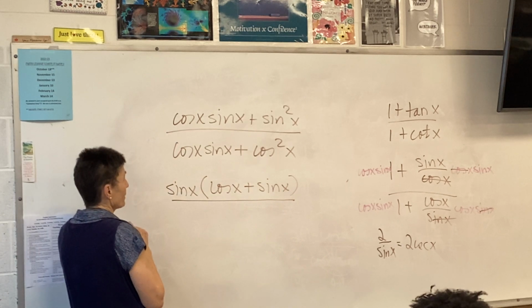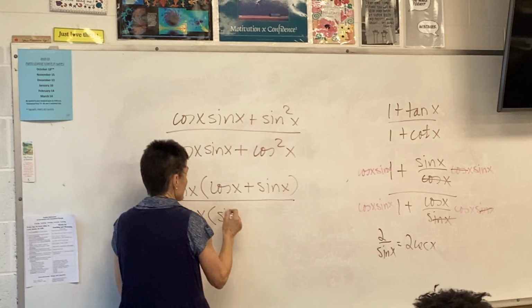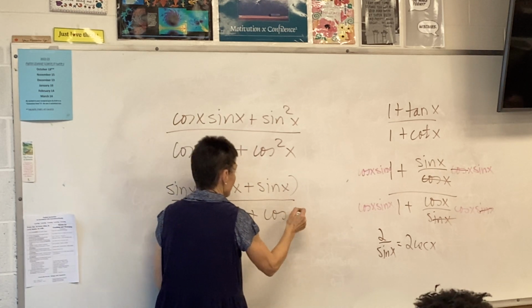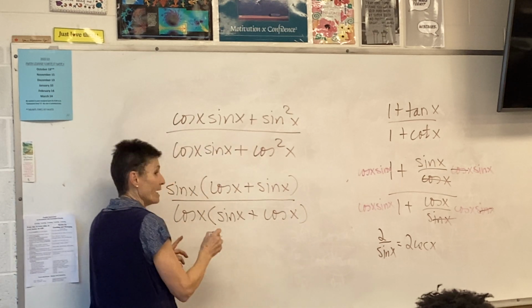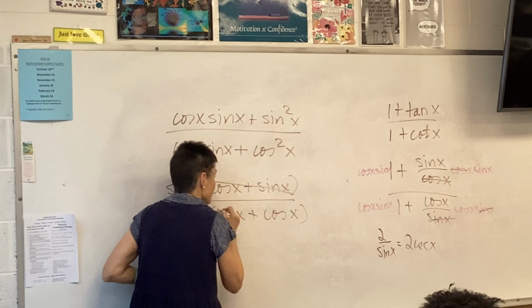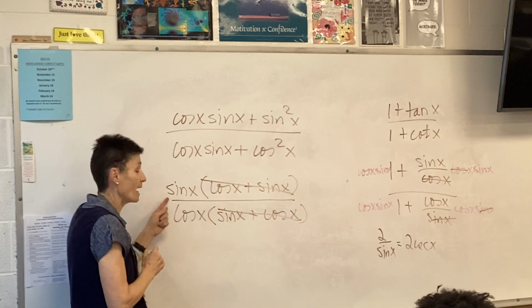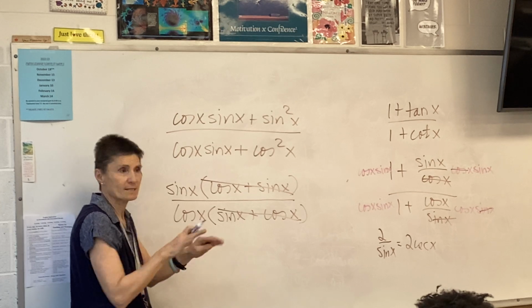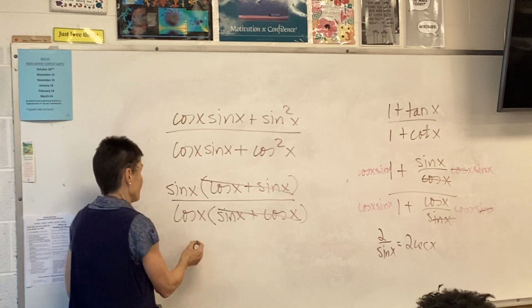We can take out a cosine, and we're left with sine plus cosine. Since I have the same thing at the top, I can cancel them, and I'm left with sine over cosine, which is considered simplified, but sine over cosine is also tangent.